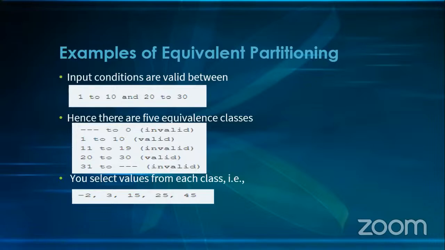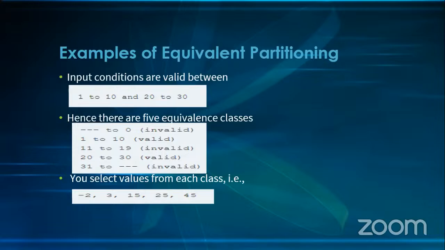My input condition says it must be from 1 to 10 and 20 to 30. So 1 to 10, we have 1, 2, 3, 4, 5, 6, 7, 8, 9, 10. Stop there. And 20 to 30: 20, 21, 22, 23, to 30. That's the expectation of this example.